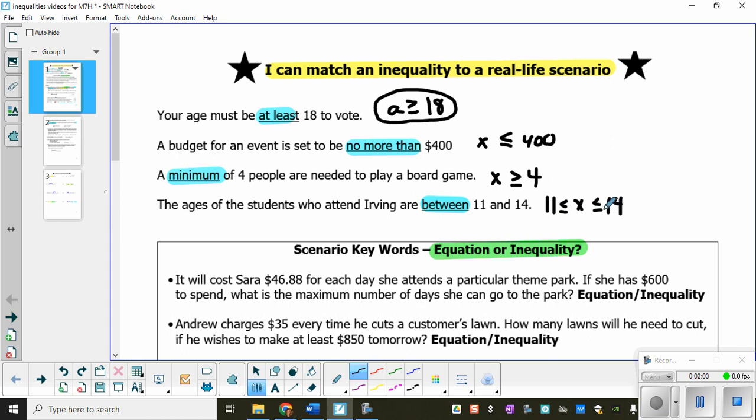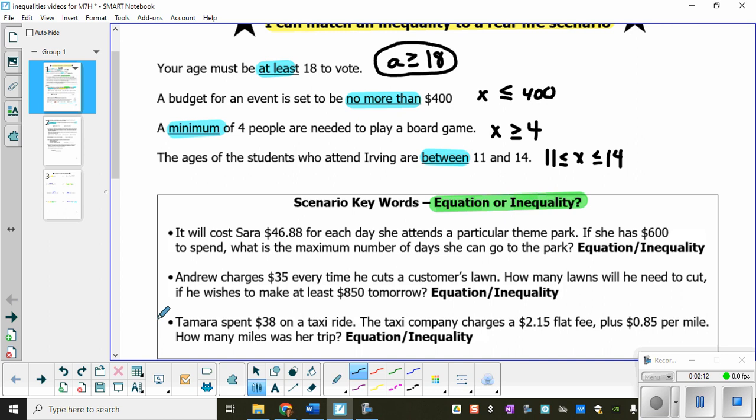All right. So now, since we've already covered Unit 4 equations, and now we're in Unit 5 with inequalities, let's kind of just read through these 3 scenarios and decide, would it be an old Unit 4 problem, or is it like now an inequality problem? Okay. So for this first one, it will cost Sarah $46.88 for each day that she wants to attend a particular theme park. If she has $600 to spend, what is the maximum number of days that she can go to the park?